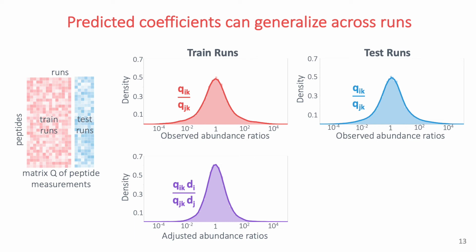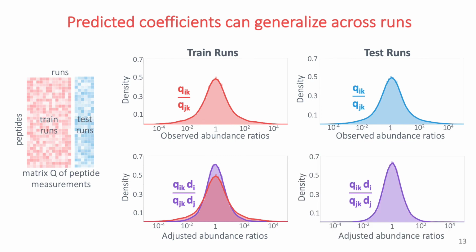And as expected, we see that the distribution becomes more peaked at 1, which means that the ratio of adjusted abundances become closer to 1 for many pairs, which is exactly what our loss function is trying to achieve. But the key point here is that when we also adjust the abundances of the peptides for the test set of runs, we again see that we managed to reduce the variance in the distribution.